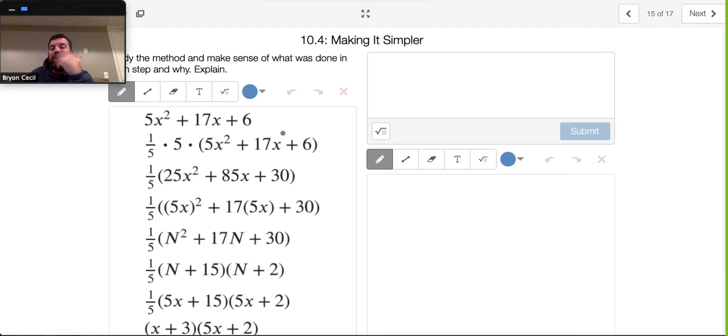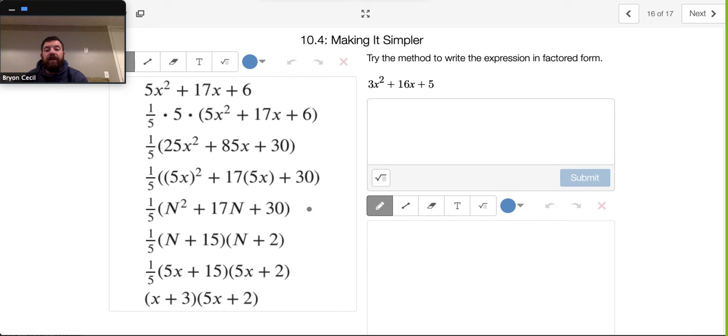For me, if I use the AC method, the good news is you're going to get a 30 over a 17, and so you're going to know that it's 15 and 2. You're going to get down to that x plus 3, 5x plus 2. So don't worry about it really from this standpoint. I would not do it with this.